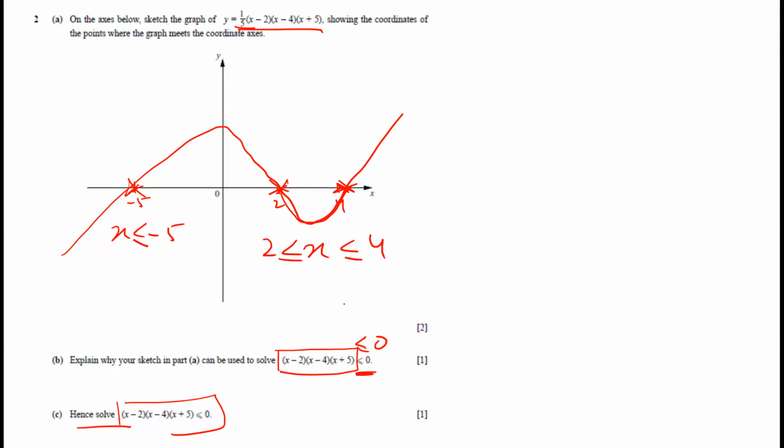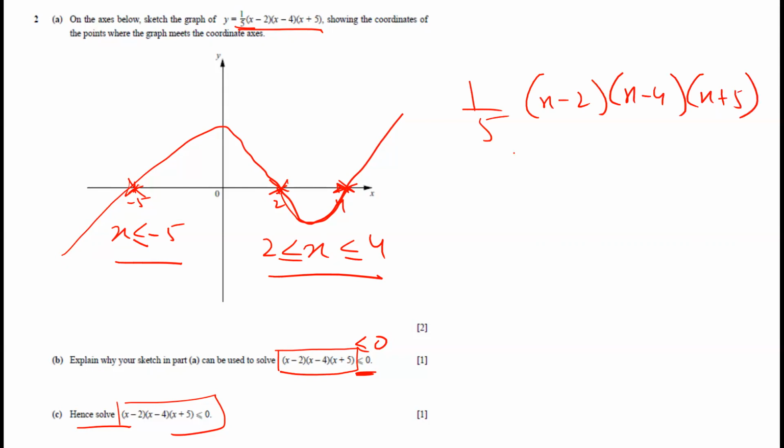These are the points where your graph is less than or equal to 0, so the solution would be this. And again, I'm emphasizing that for both 1/5 (x minus 2)(x minus 4)(x plus 5) and (x minus 2)(x minus 4)(x plus 5), the x-intercepts will not change.